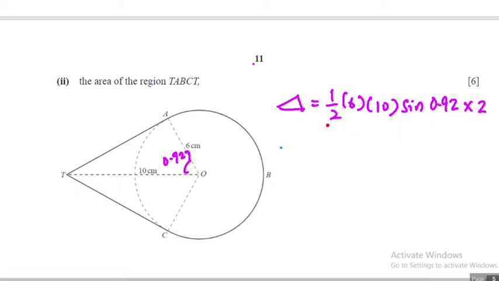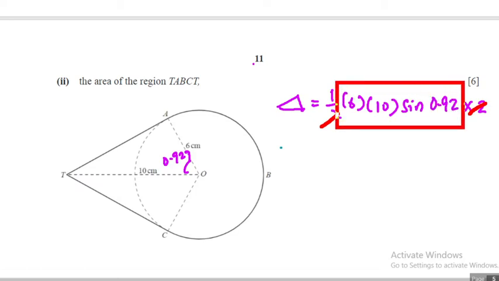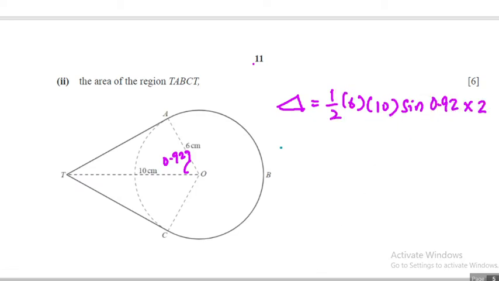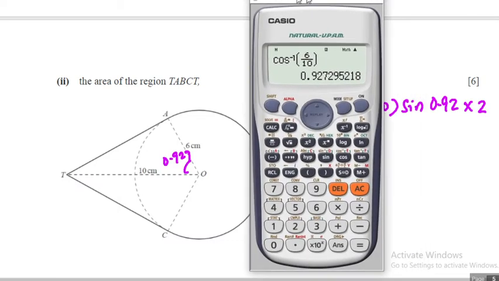When we cancel, the area of the kite is 6 times 10 times sine 0.927.